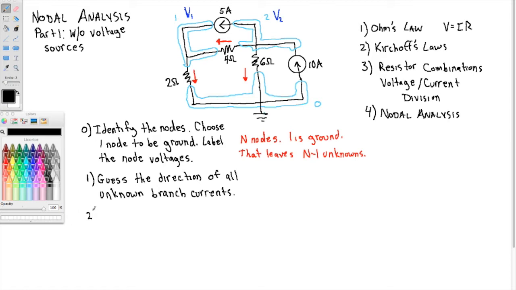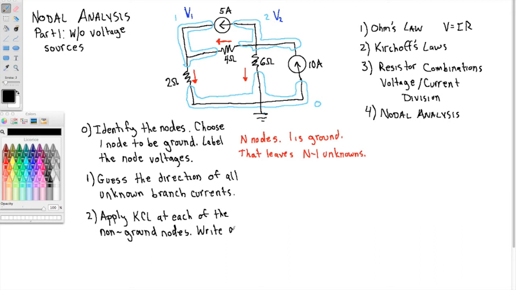Okay, step 2 is kind of where the magic happens here, and we are going to apply KCL at each of the non-ground nodes. Okay, and here's the key. Remember KCL is Kirchhoff's current law. The sum of the currents entering is equal to the sum of the currents leaving.